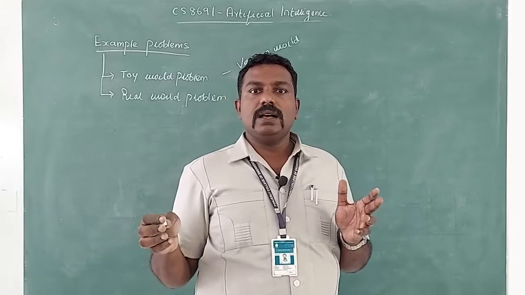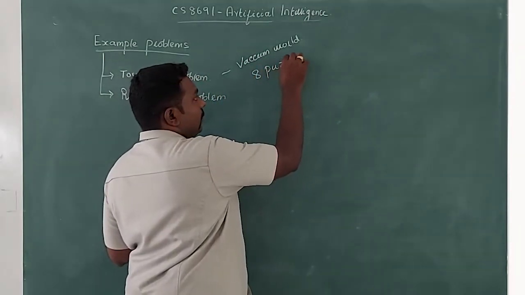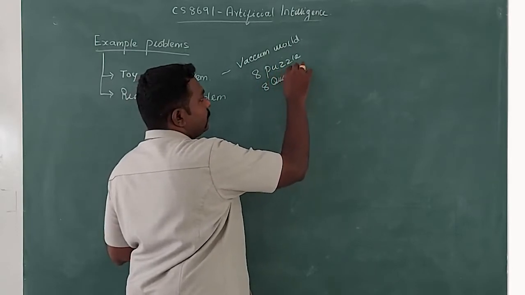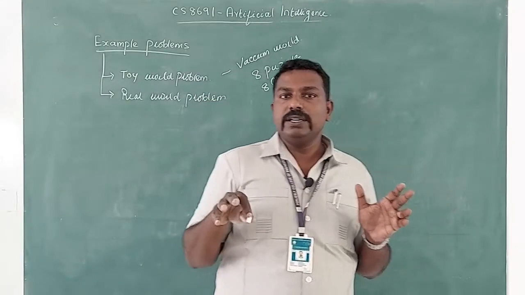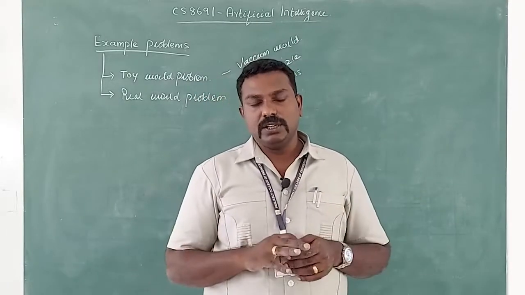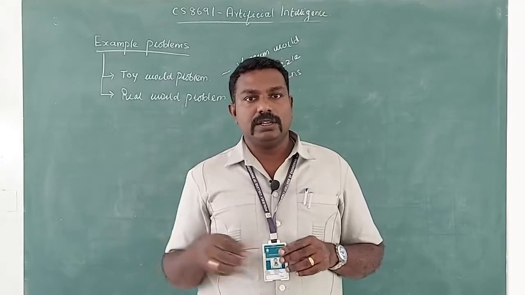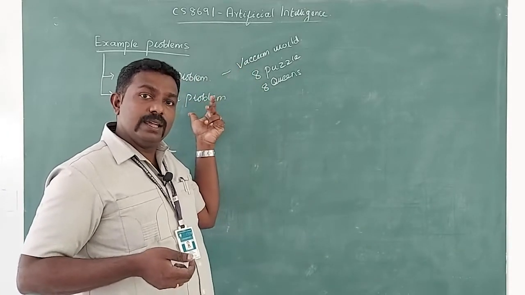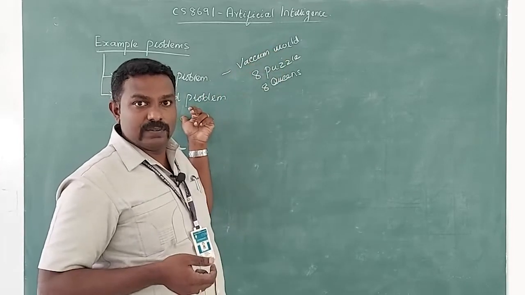If you see the 8 puzzle problem, it is again a toy world problem. The 8 queens problem is again a toy world problem. Okay. So those that are involved in toys, you call it a toy world problem. If you are using the scenario in a real world, if this vacuum world is used in the real world, then you have the vacuum world problem as a real world problem.